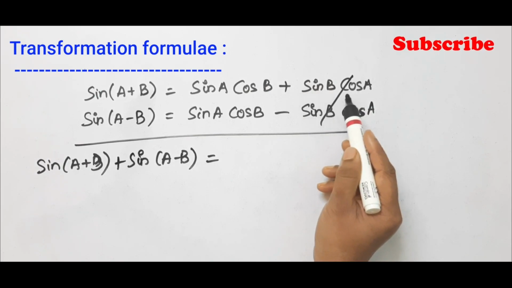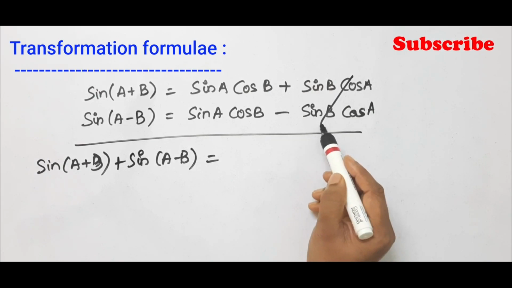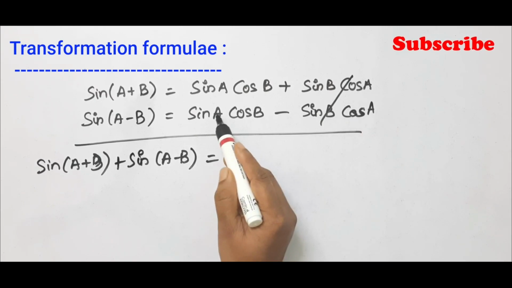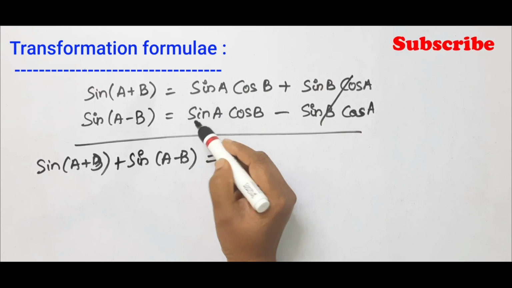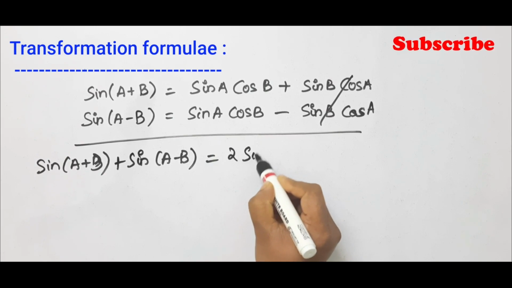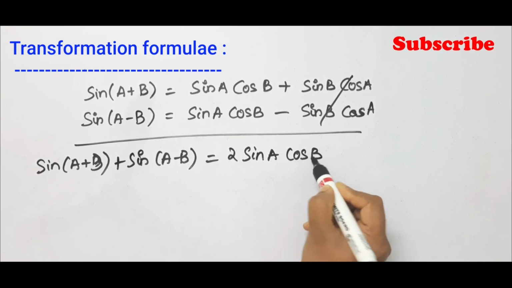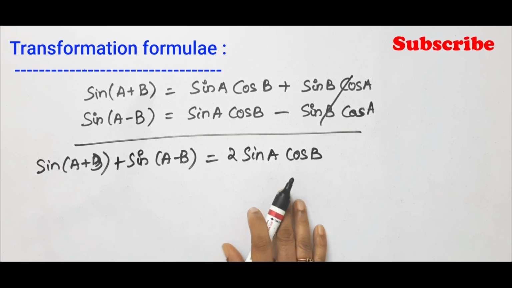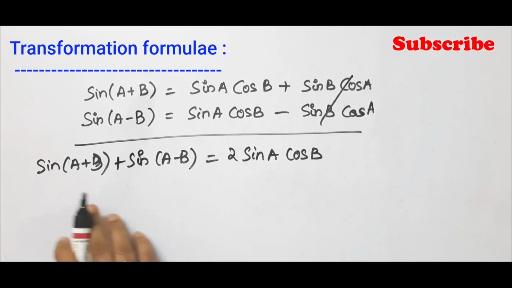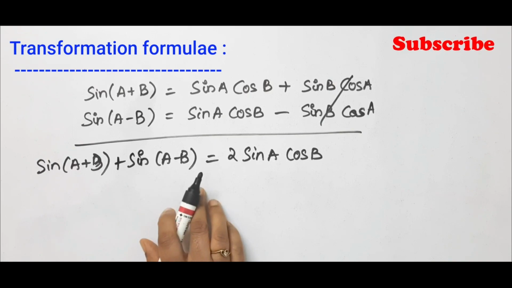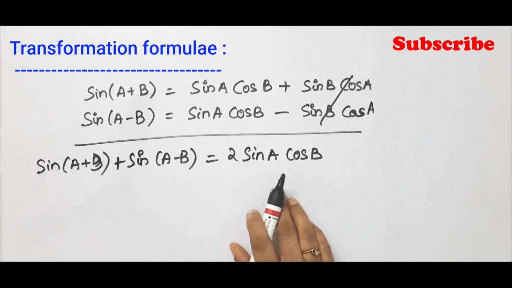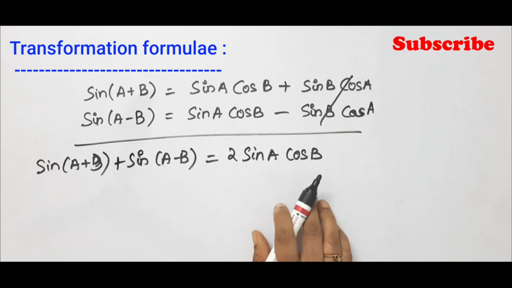This is plus sin b cos a and here it is minus sin b cos a, so these two get cancelled. Finally, we will get 2 sin a cos b. This is the result we got when we add sin(a + b) and sin(a - b).